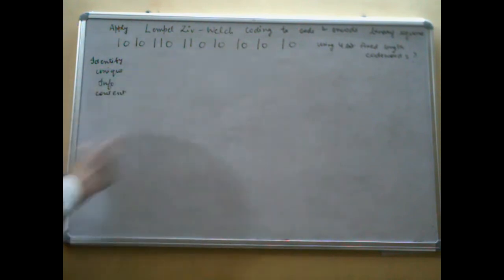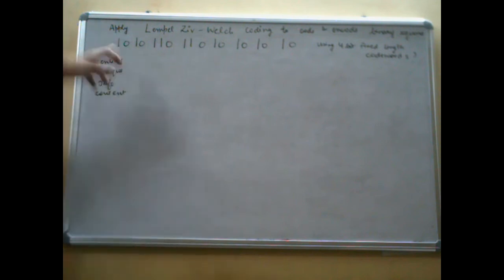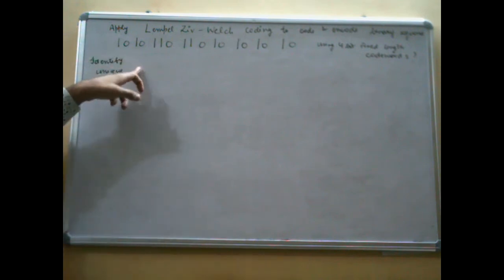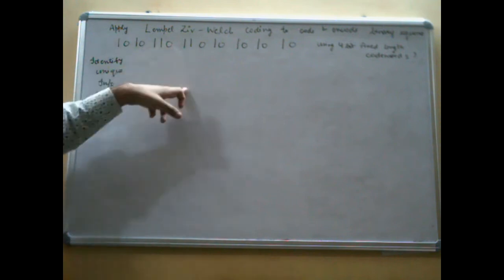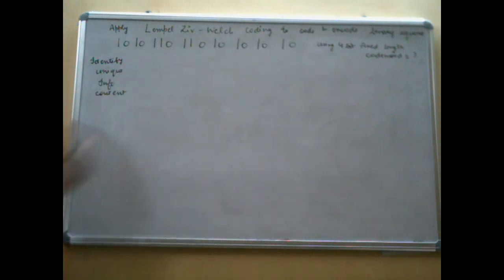How is it done? See over here. We'll start from the left. Whatever sequence that we are encountering, if it is a new information, we will keep it, comma, second new information, comma, third new information, and so on. See how it will be done.